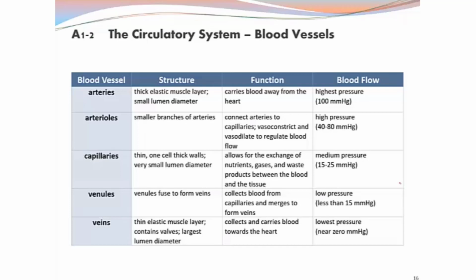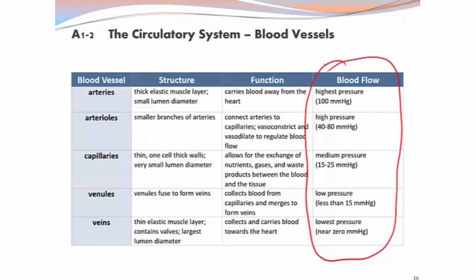You don't need to know specific numbers, so you don't have to memorize all of the numbers in the third column. But in this third column, please understand the nature in which blood pressure goes from highest to lowest, but also how that pressure explains what the structures look like.